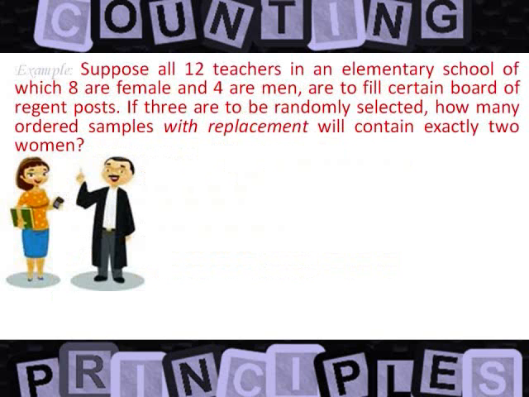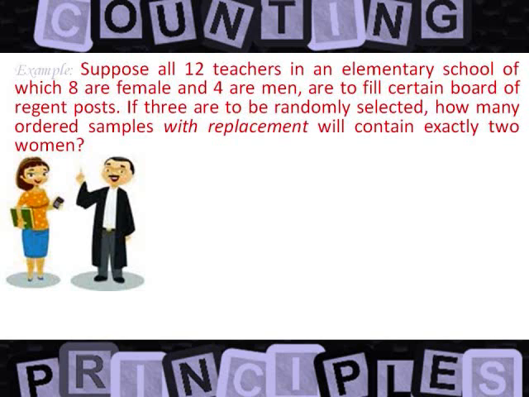Our first example is, suppose all 12 teachers in an elementary school, of which 8 are female and 4 are men, are to fill certain board of regent posts. If 3 are to be randomly selected, how many ordered samples with replacement will contain exactly 2 women?